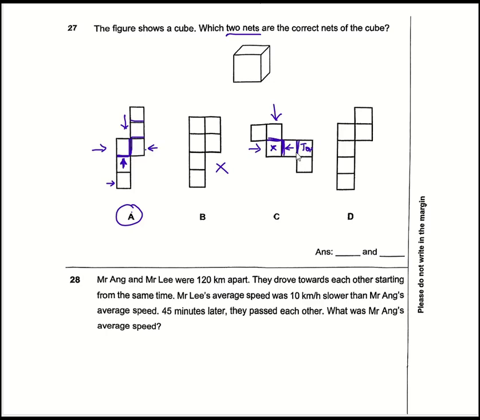And after you bend it along this edge, this will form this face of this cube. So this is a right answer as well. So we can directly say these two are the right answers.